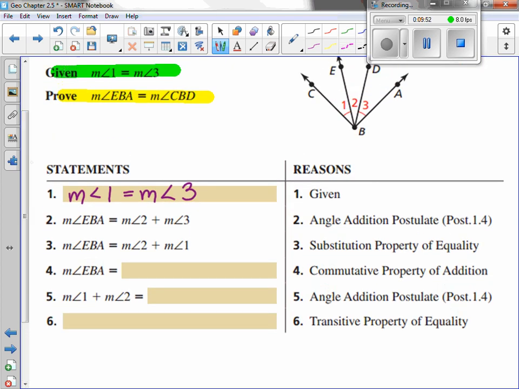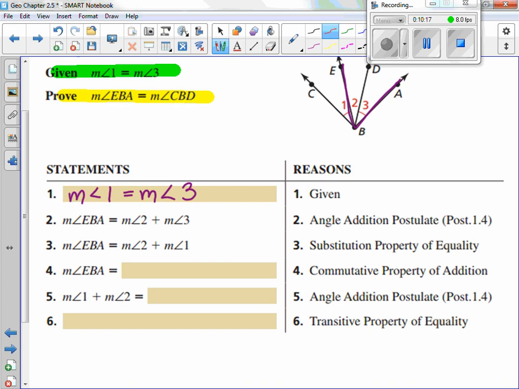Now, it told us the next two on both sides that EBA is 2 plus 3. It also told us EBA is 2 plus 1. Because what did we say about angle 3 and angle 1? They were the same, yes? So we can alternate that.